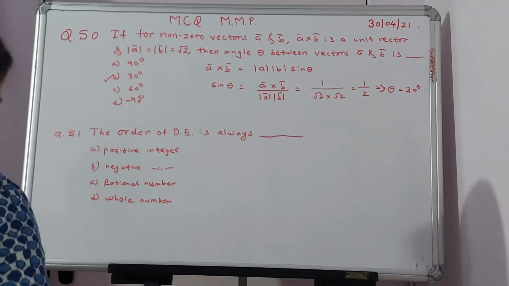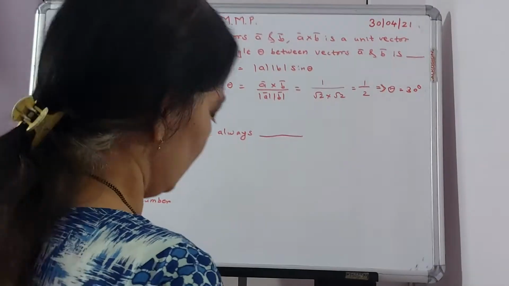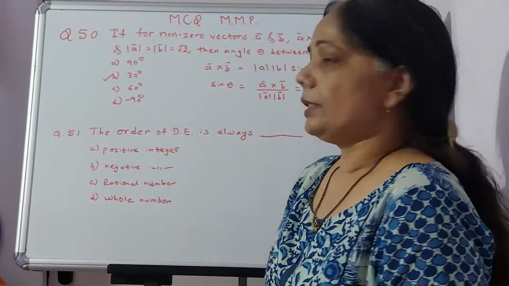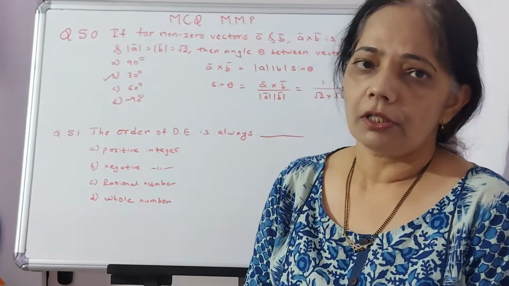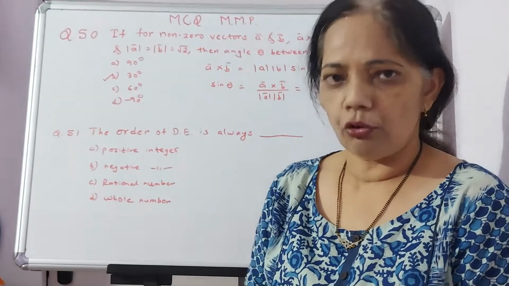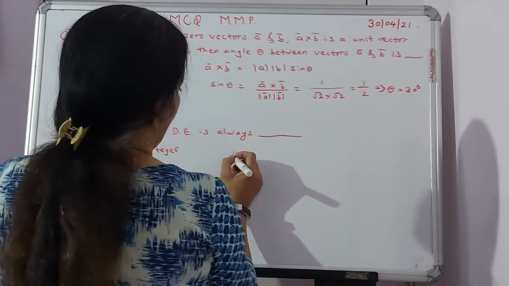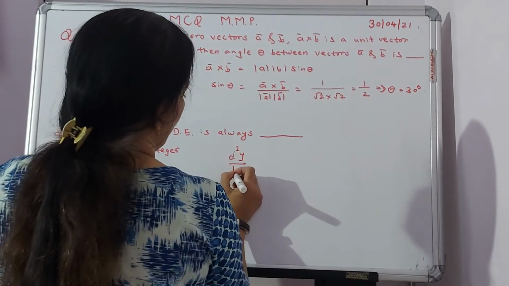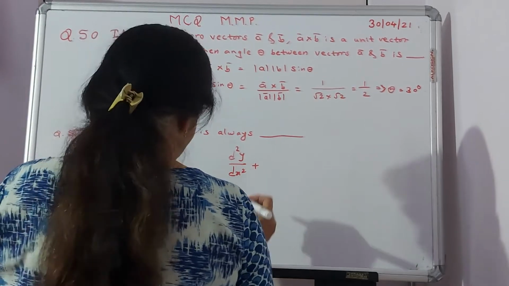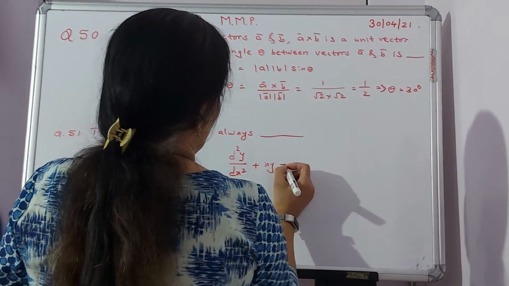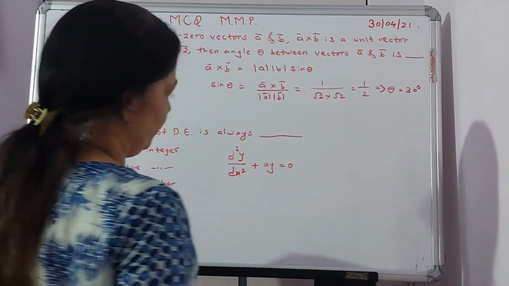Answer is B, right? Next question is the order of a differential equation is always, now we have seen many differential equations and we have solved them also, we will solve now also. Suppose I write a differential equation d2y by dx square plus xy is equal to 0, correct?